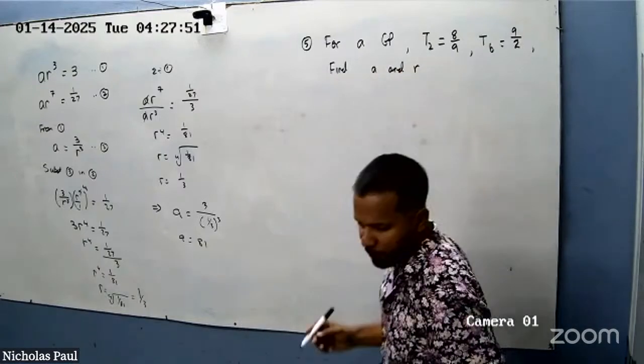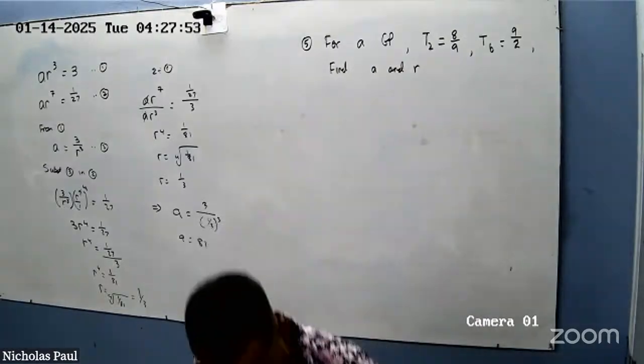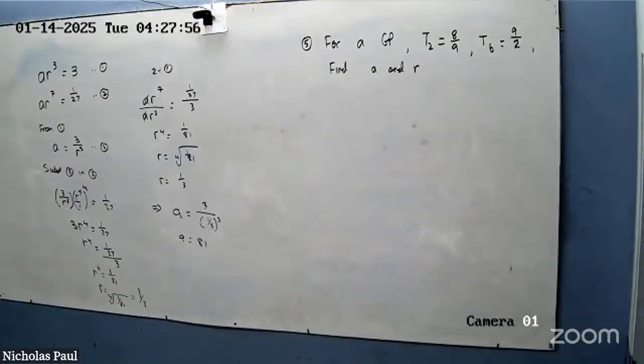I use the positive value on it, right? Copy down number 4, and I want to see the answer for number 5, right? Everybody, yeah? Please.